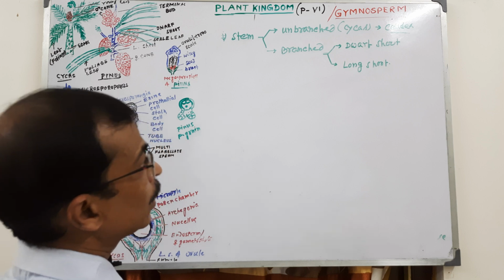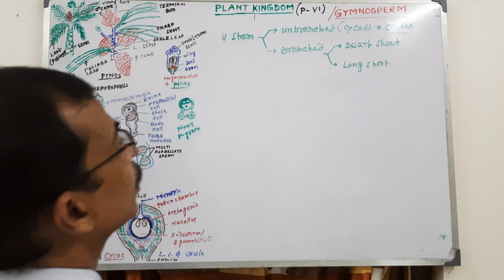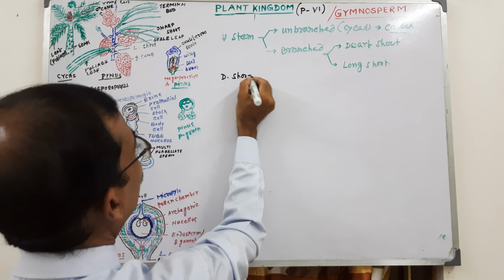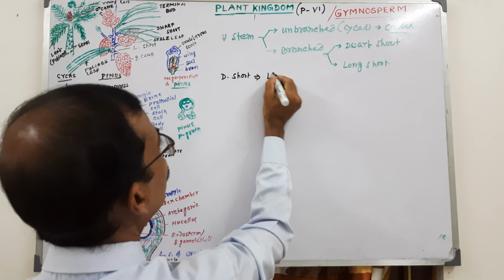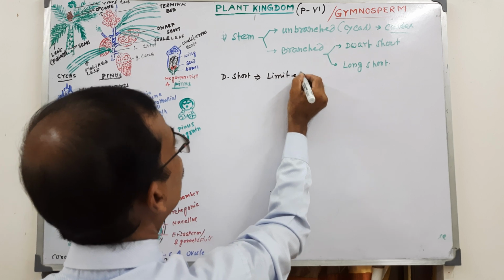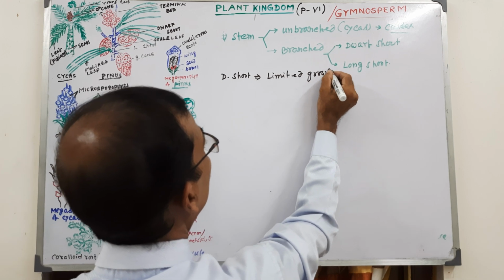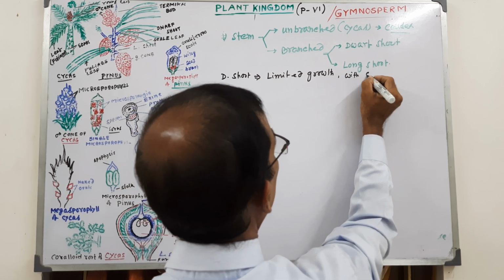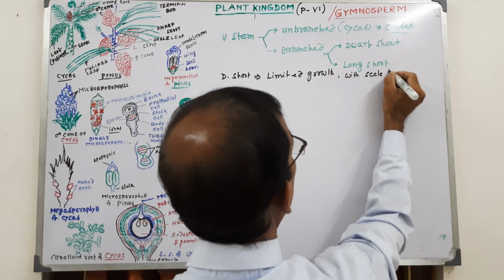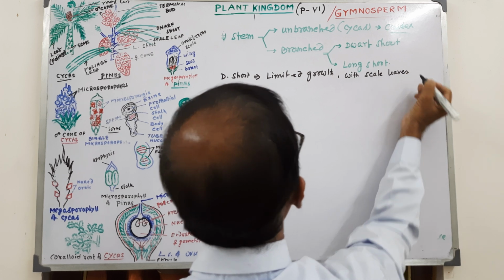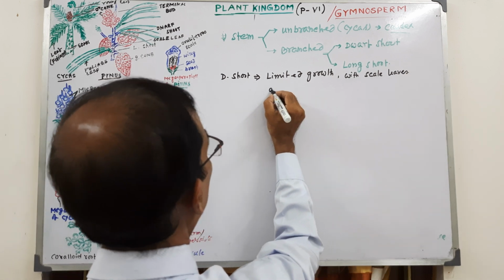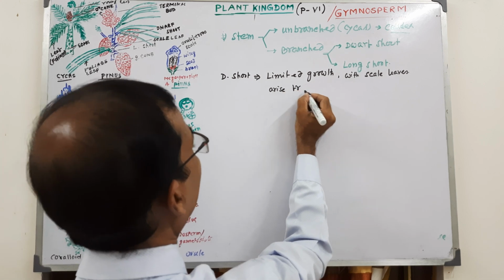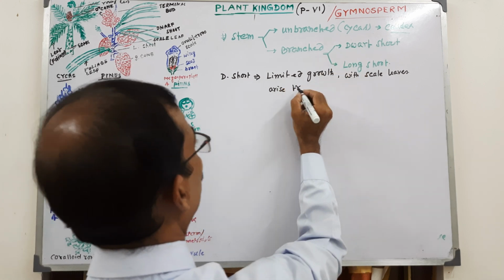Dwarf shoots are of limited growth, with scale leaves, and arise from the axil of the scale leaves of the long shoot.